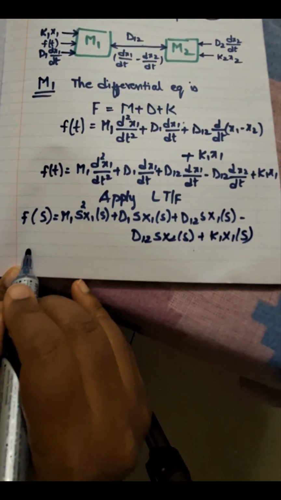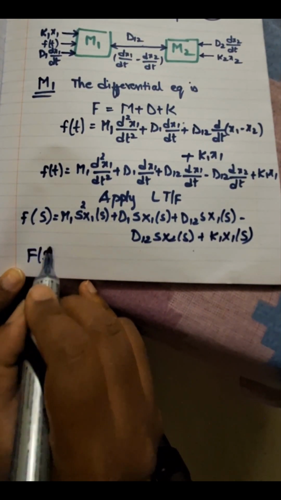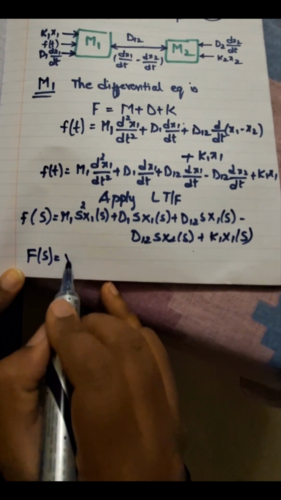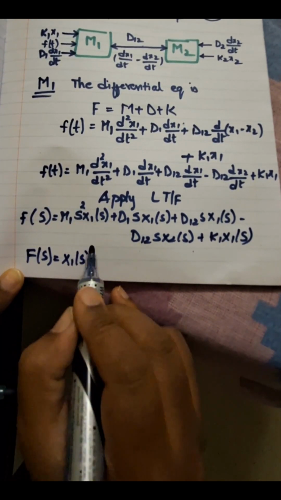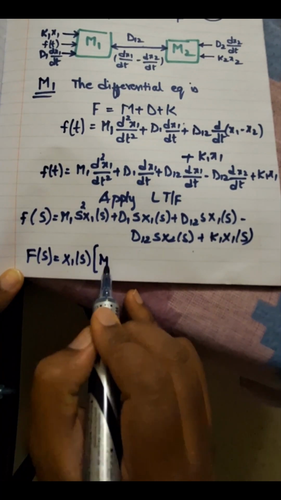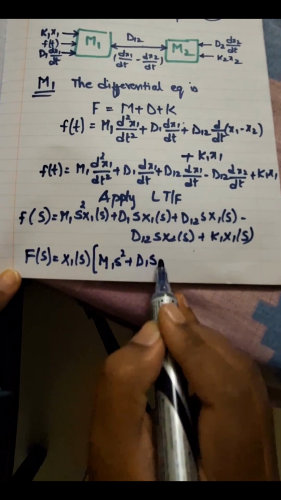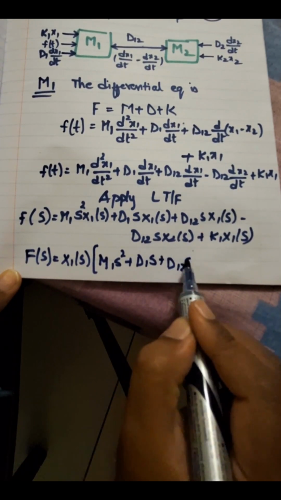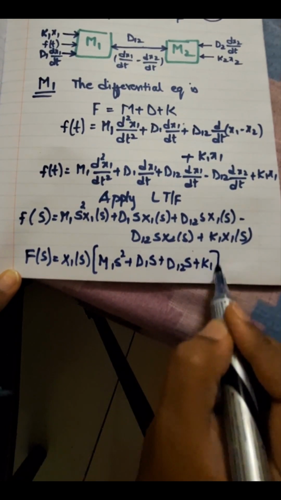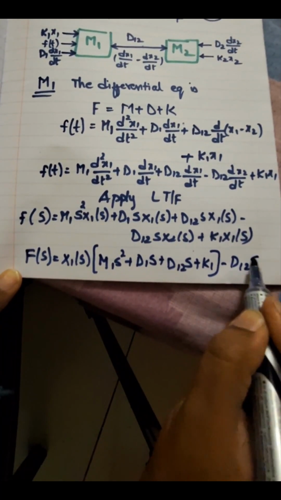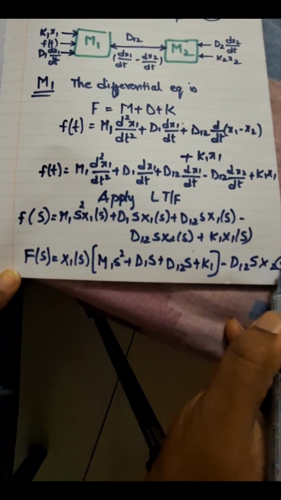So finally I can say capital F of s is equal to, I will take X1 of s as common because I should eliminate X1 of s. That's what we decided at the beginning. So X1 of s times m1 s square plus d1 s plus d12 s plus k1, minus d12 s X2 of s.